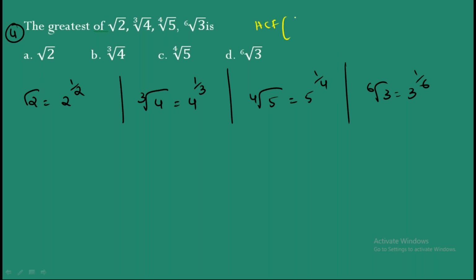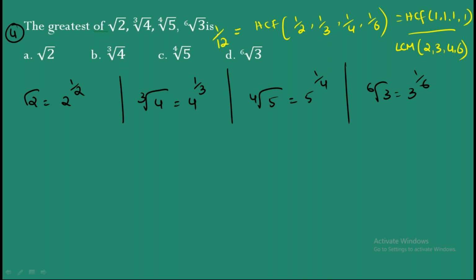HCF for 1 by 2, 1 by 3, 1 by 4, 1 by 6 is nothing but HCF for numerator, LCM for denominator. You just recall the LCM and HCF concept. We'll get it like 1 by 12. Meaning you should maintain 1 by 12 in the power.